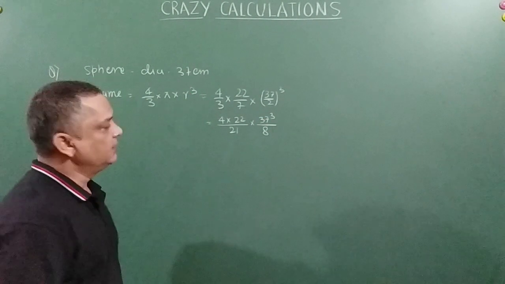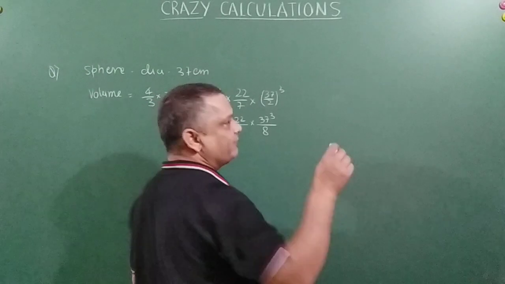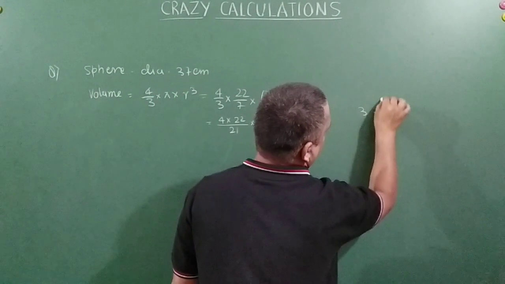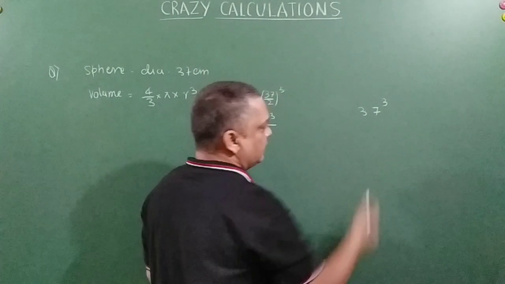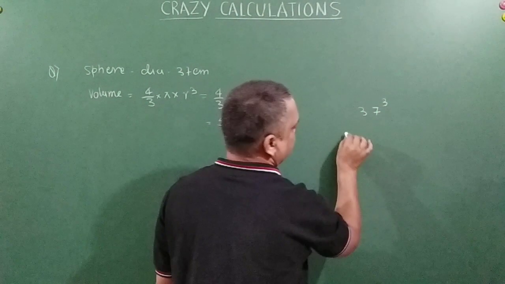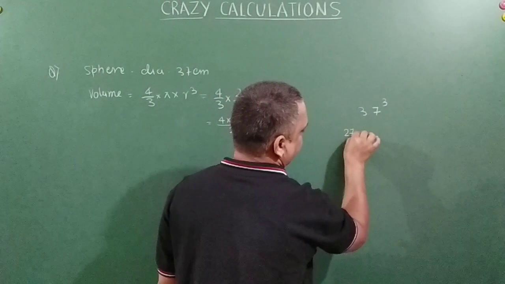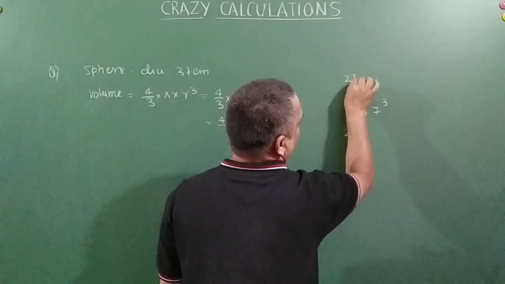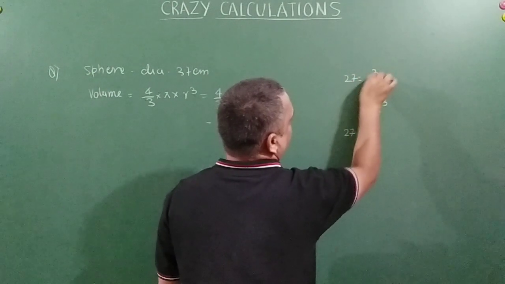So let's do 37 cube from Vedic mathematics. What did I tell you in the last class? The cube of the first number has to come here, that is 27, which is 3 cube.